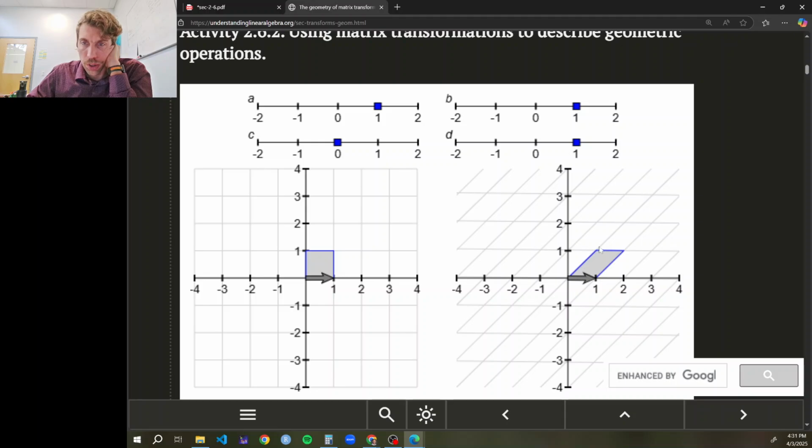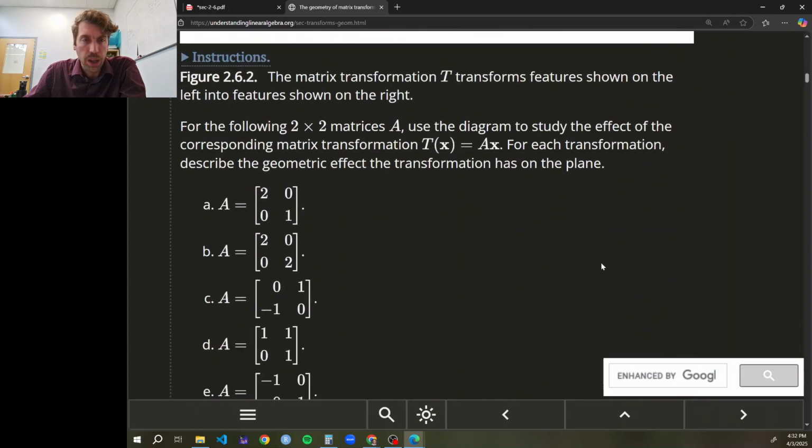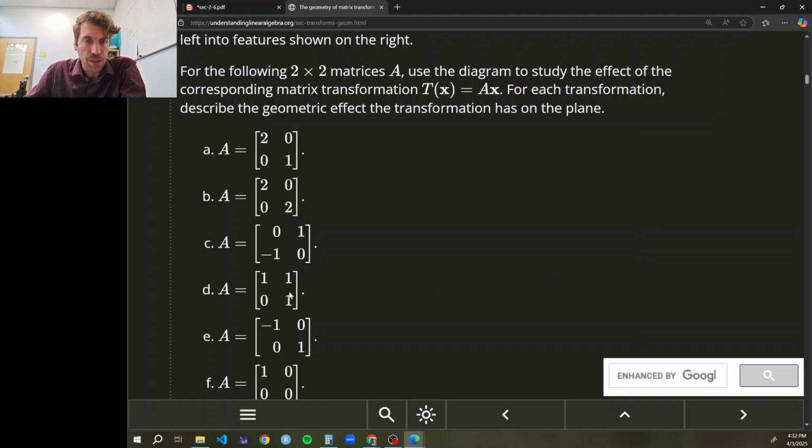It still has base 1. That means the area is still remaining the same. Imagine if our square was made up of a bunch of stacked Jenga blocks. We're moving them all over a little bit on top of each other, and that's a shear of the plane. Okay, so D is a shear.